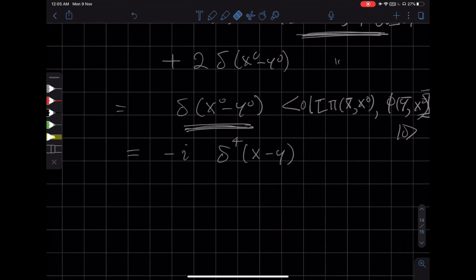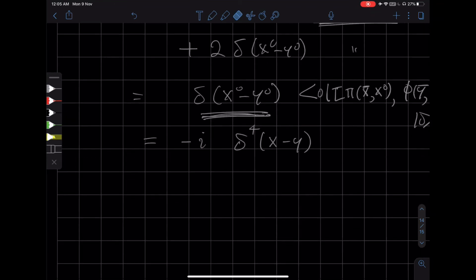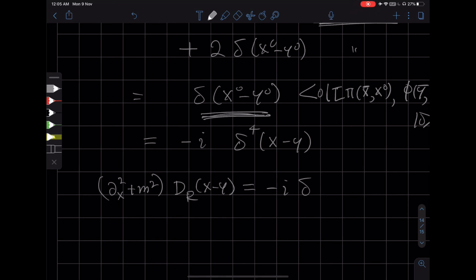So basically what we are getting is that the Klein-Gordon operator acting on the retarded propagator gives me the Dirac delta function. And this is exactly what we claimed, that the propagator is the inverse of the wave operator.